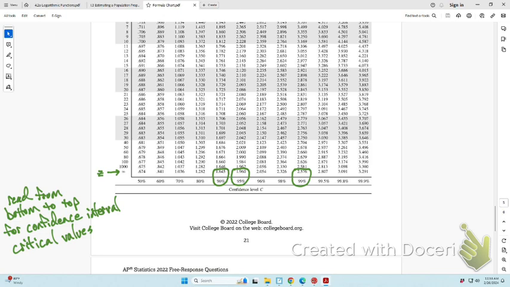So these three confidence levels are the most popular. They could ask any of these. If they're really evil, they won't ask one of these, and you'll have to do the inverse norm thing. But I bet they'll ask one of these, especially one of the circled ones. All right? So table B is very useful if you're doing a confidence interval.